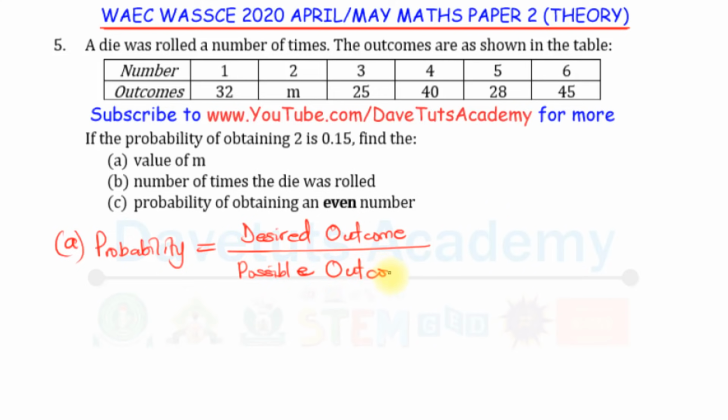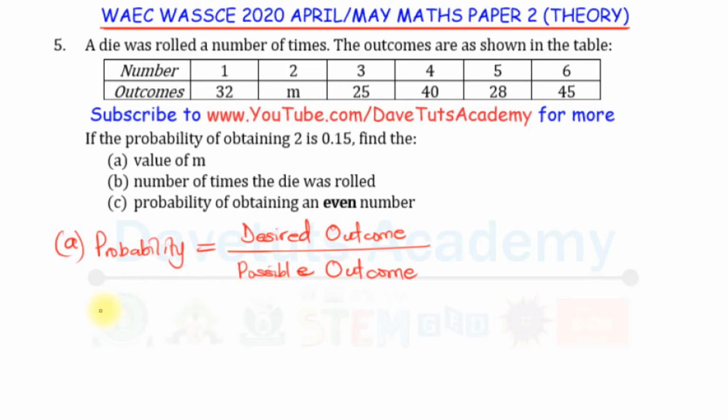If you want to make use of this equation, we can say that for this particular die that was being rolled, the desired outcome to obtain 2 is m, and then the possible outcome is the total of all these outcomes: 32, m, 25, 40, 28, and 45.